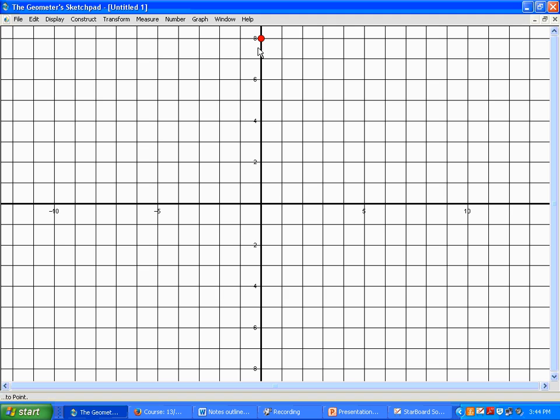So I'm going to go down 1 and back 3, and there will be my next point. I could continue on that pattern, down 1, left 3, down 1, left 3, and there is the graph of my line.